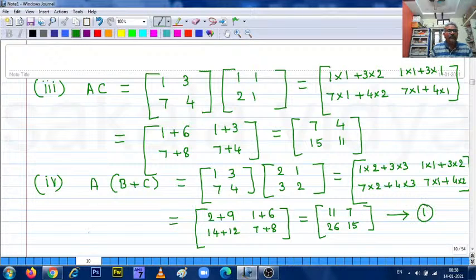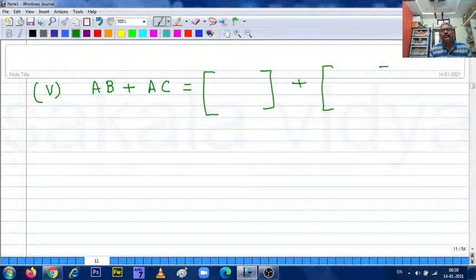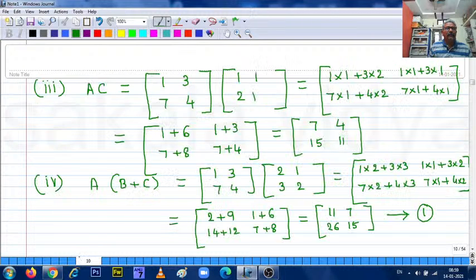Now I have forgotten to ask you, AB plus AC also. Fifth one, find AB plus AC. Both the matrices need to be added here. Let us see what we get. AC is 7, 4, 15, 11.